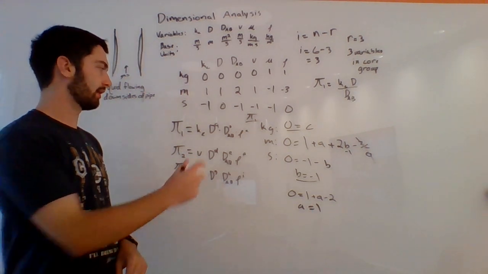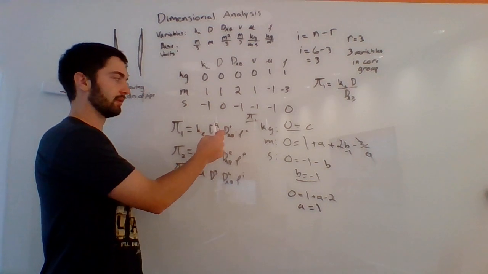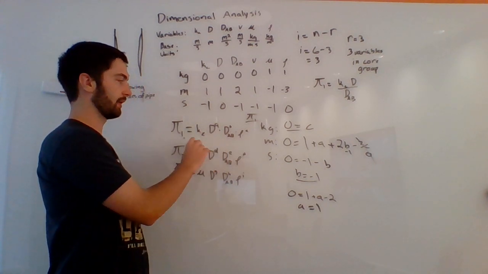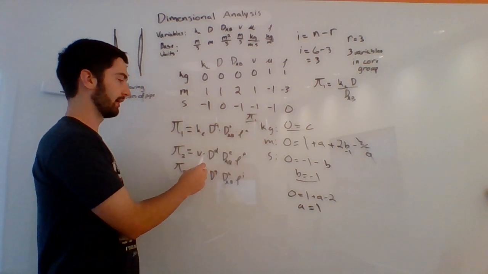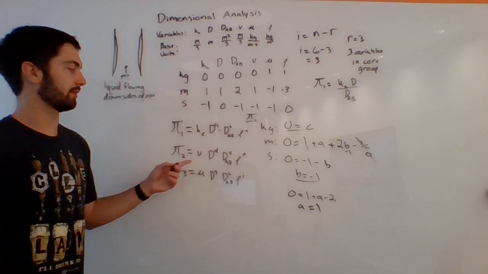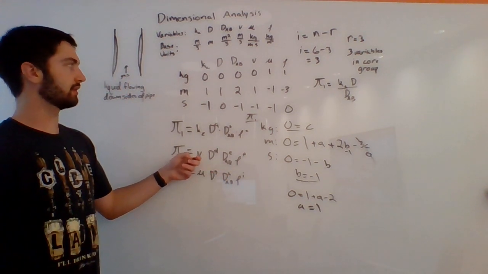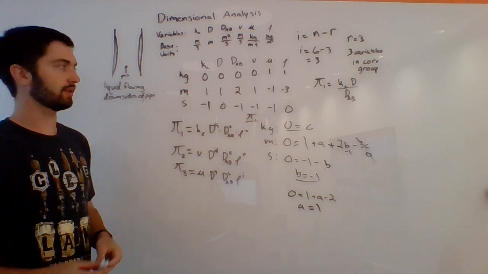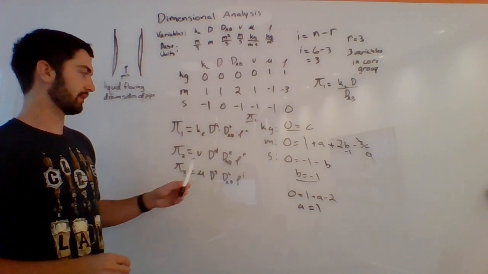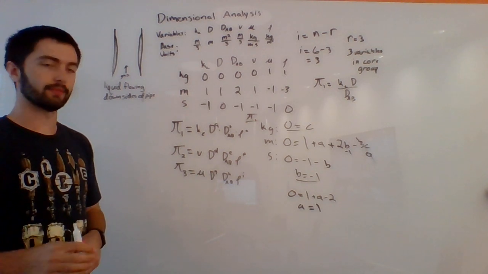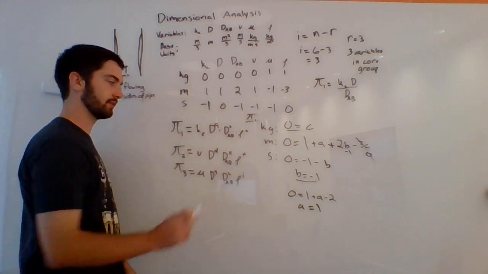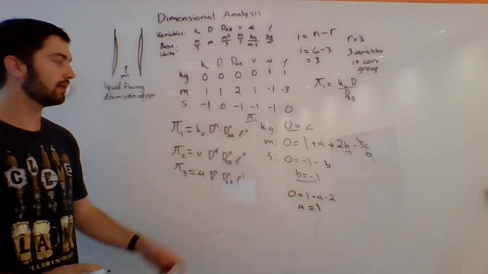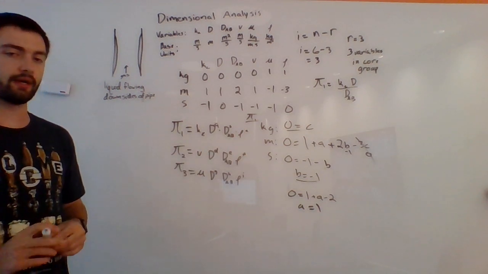And then we can take a look at pi 2. Since we have our core groups all to an exponent, in pi 1 it's A, B, and C, in pi 2 it's d, e, and f. However, with pi 2 we know that the velocity has the same base units as the mass transfer coefficient. So it's actually going to be all the same exponents. So a is going to be equal to d, b is going to be equal to e, and c is going to be equal to f.